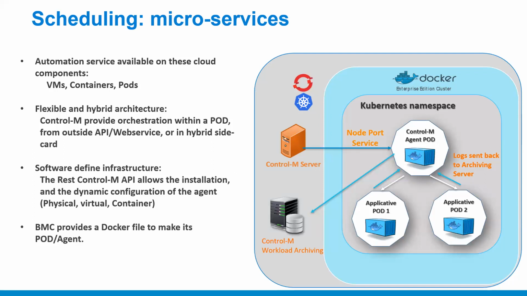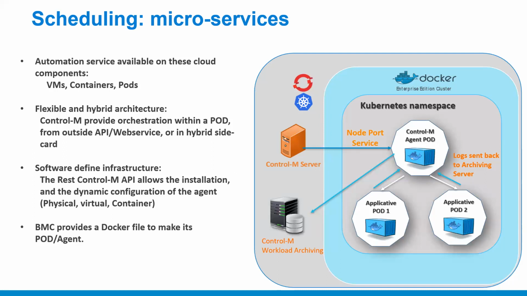When the agent is residing inside a pod and you spin this pod, you turn on the pod, the agent has the ability for dynamic registration, which means the agent can connect to the Control-M server as soon as your pod turns on. And you can orchestrate it, you can automate the application or the jobs which have to run in that specific pod, and after that you can turn it off.